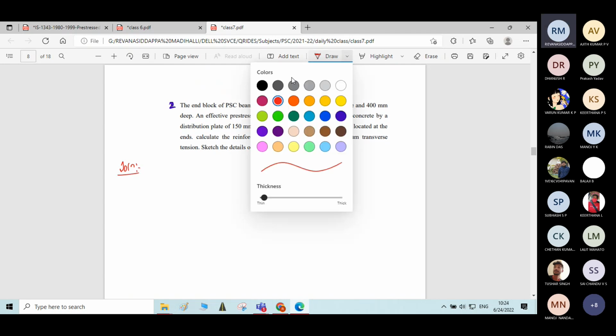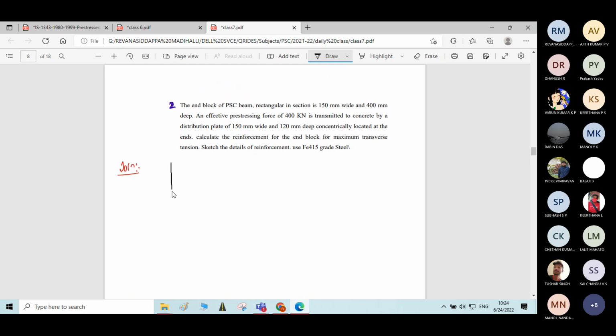The rectangular beam, having dimensions 150 and 400.